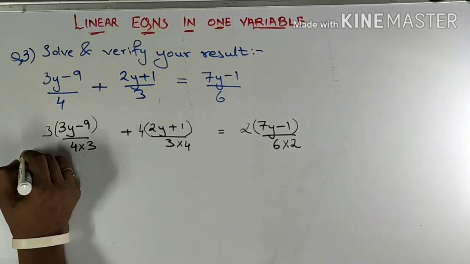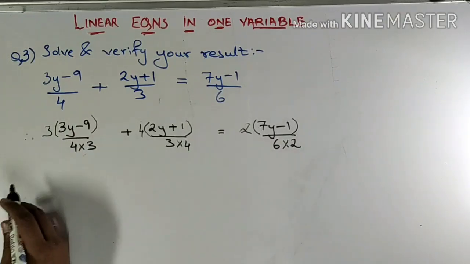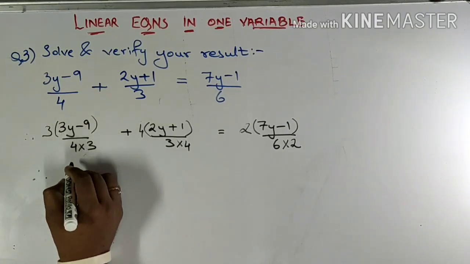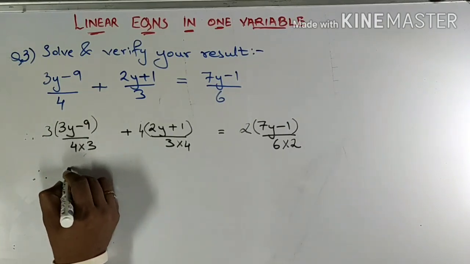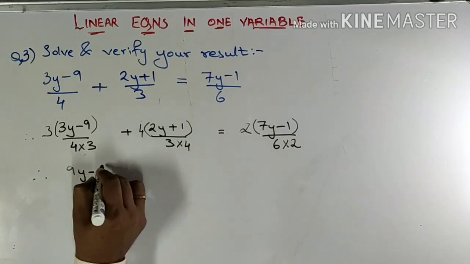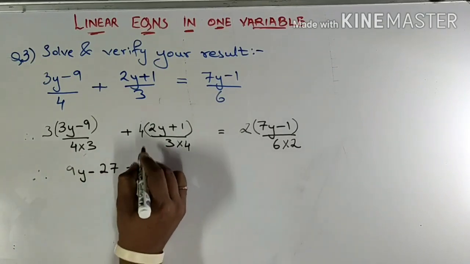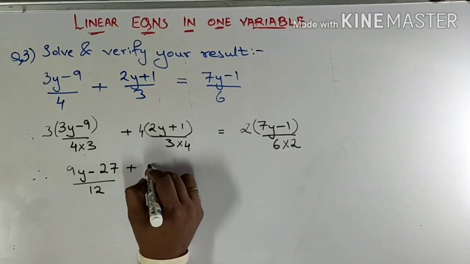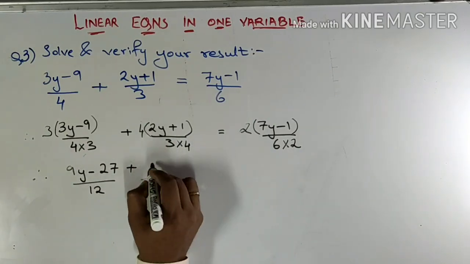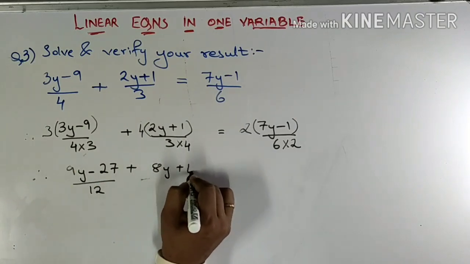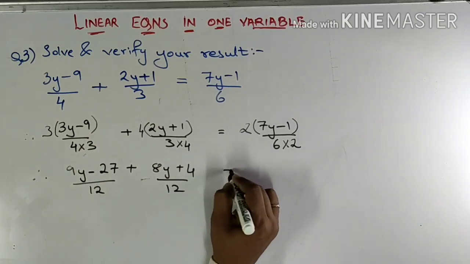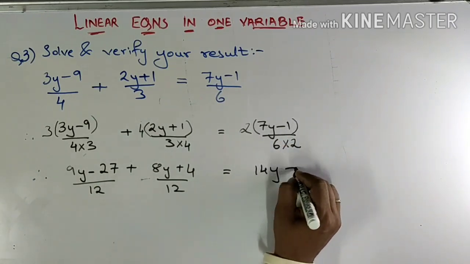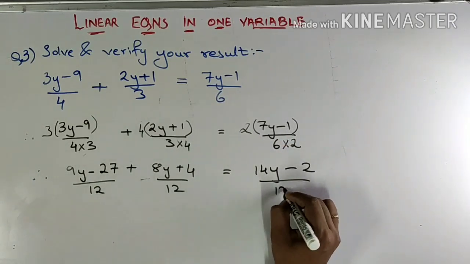Now the best thing that we see over here is, open this bracket. 3 3s are 9y minus 27 upon 12, plus 4 2s are 8y plus 4 upon 12, equals 2 7s are 14y minus 2 upon 12.